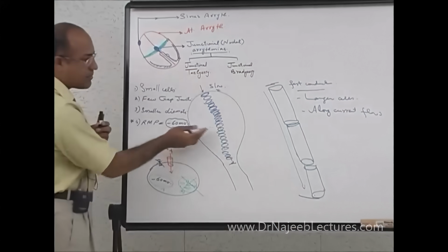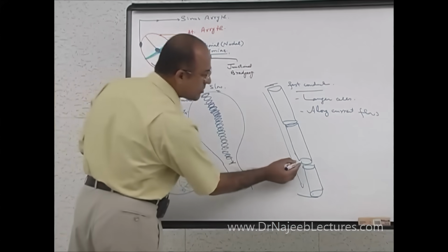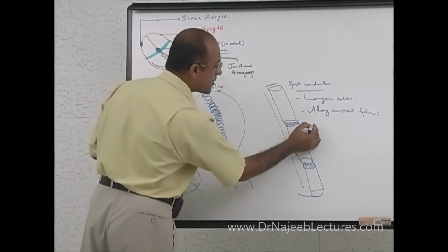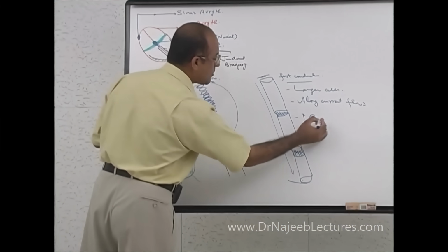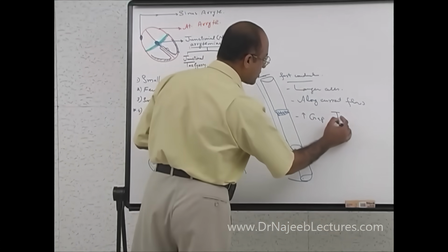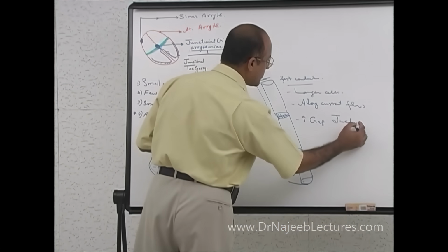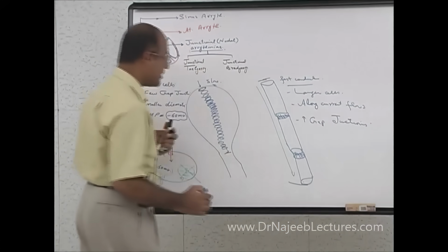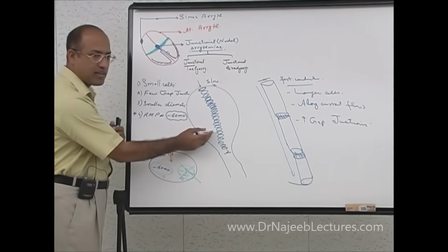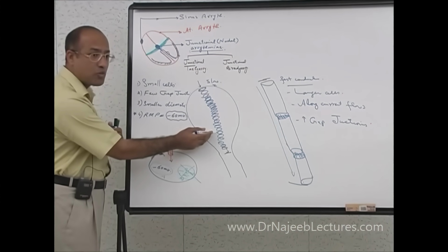Here gap junctions were less. Here the gap junctions are more. The more gap junctions, the more electrical windows through which current can jump from one cell to the next. Then of course these cells have less diameter, so more resistance.